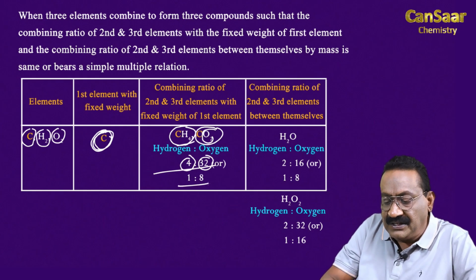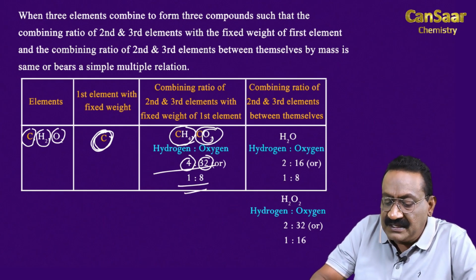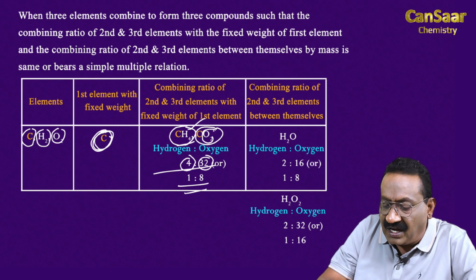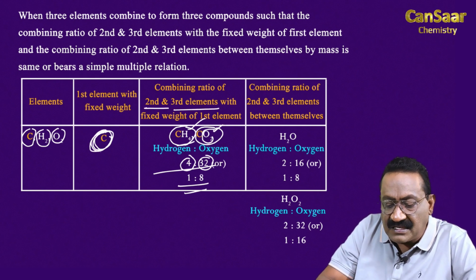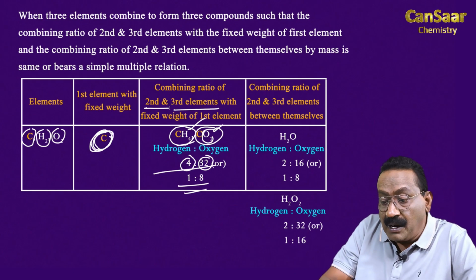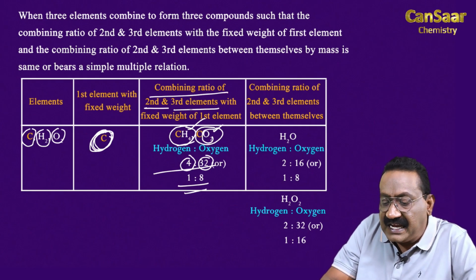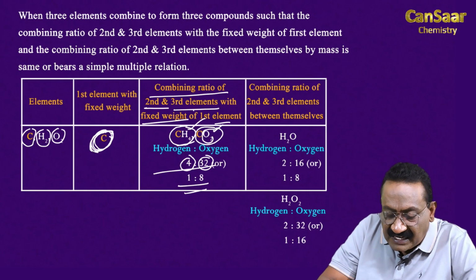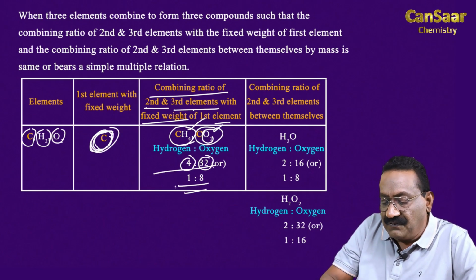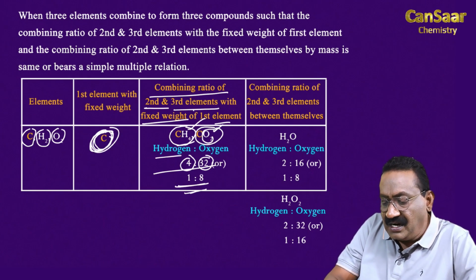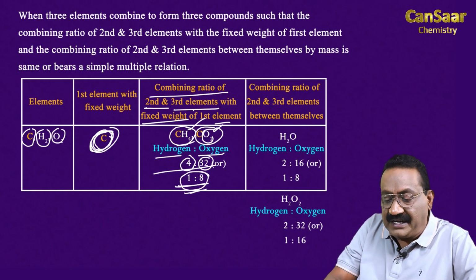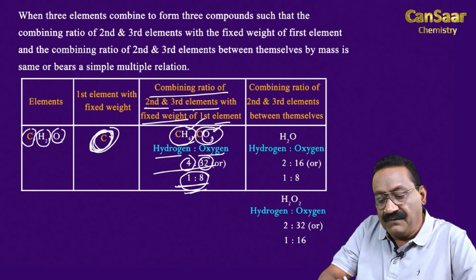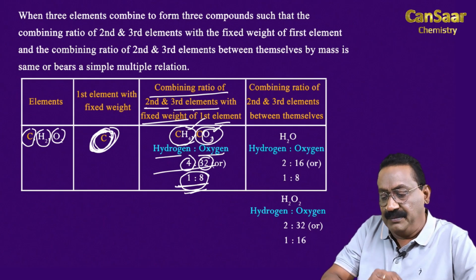is nothing but 1:8. That means, let us take hydrogen and oxygen as second and third elements and carbon as the first element. The combining ratio of second and third elements with a fixed weight of the first element carbon is 1:8. So, hydrogen and oxygen combine in a 1:8 ratio by mass with a fixed weight of the first element.